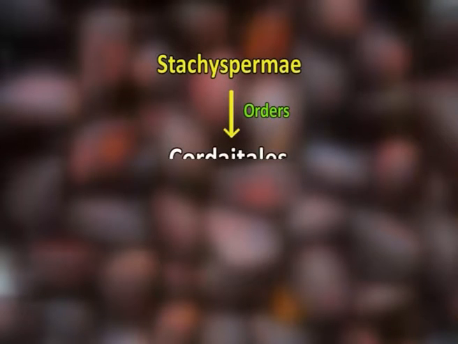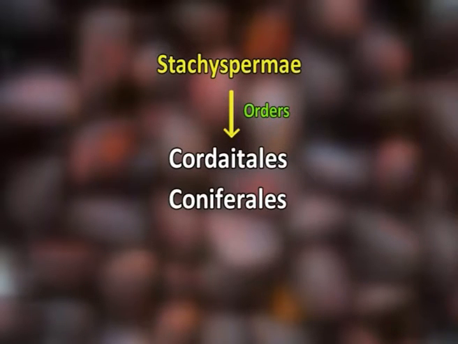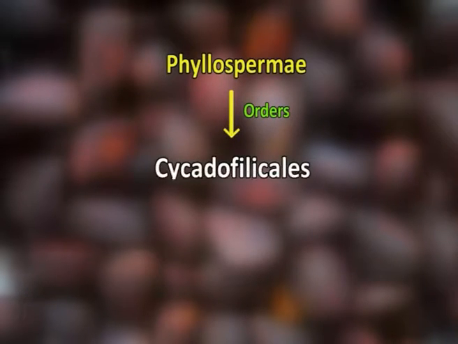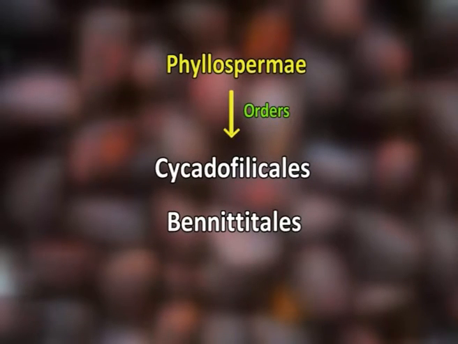Professor Sahni divided Stachyospermae further into 4 orders: 1. Cordaitales, 2. Coniferales, 3. Ginkgoales, and 4. Gnetales, and created 3 orders out of Phyllospermae, namely 1. Cycadofilicales, 2. Bennettitales, and 3. Cycadales.